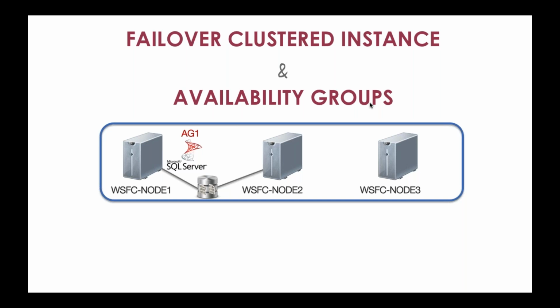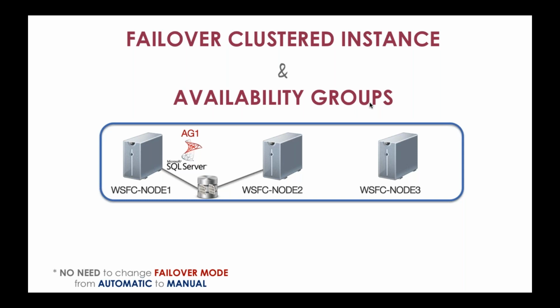Now, because node 3 is an availability group replica, no shared storage, nothing, I can't move my SQL Server failover clustered instance from node 1 to node 3. I can only move the availability group from node 1 to node 3. Now, because you lose the ability to do automatic failover, I don't need to change anything, because the failover mode will automatically be manual.